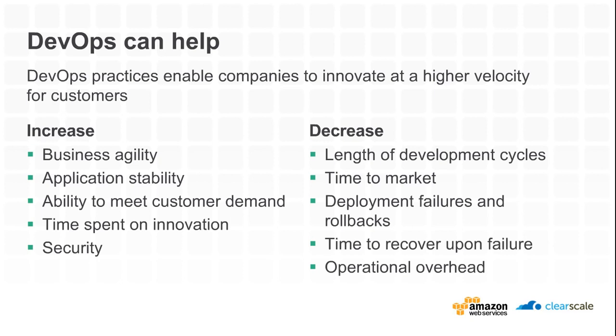So customer demand really varies from industry to industry. For small and medium businesses like startup companies, the demand to meet the customer requirements is growing exponentially on a day-to-day basis. For enterprise customers, the customers being internal business units, they are asking for more rapid deployments.